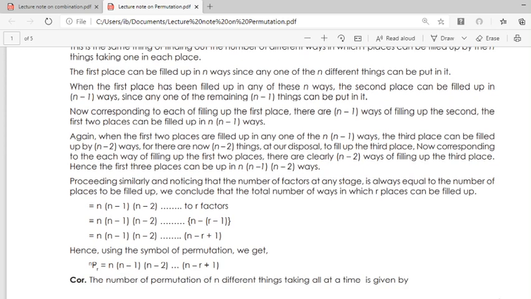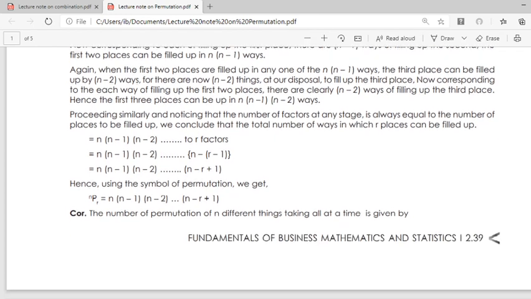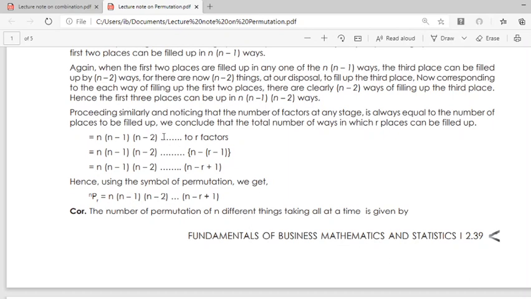If one place is filled, that is n ways, the second place can be filled in n minus 1 ways. The third place can be filled in n minus 2 ways. The fourth place will be n minus 3 ways. That's what you see, till you now have n factorial.